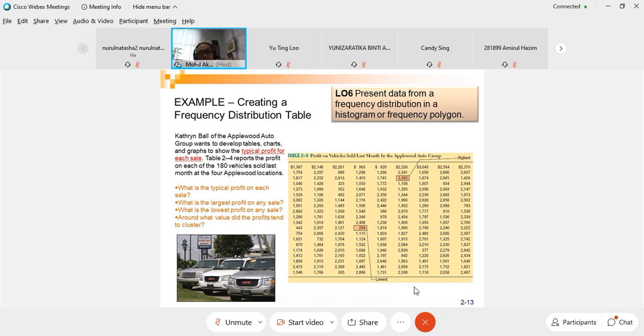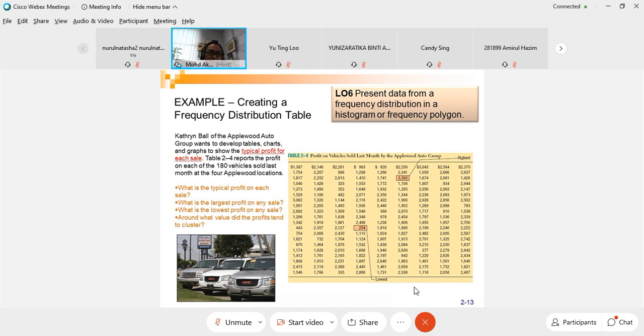That means how distributed our profit is. From raw data, we will need to develop the frequency distribution.